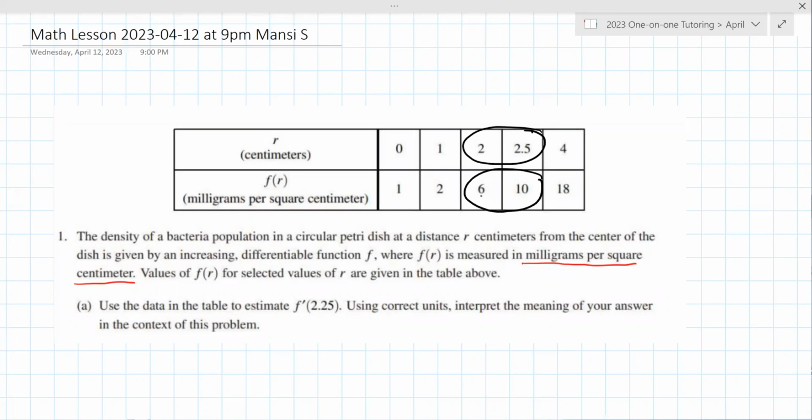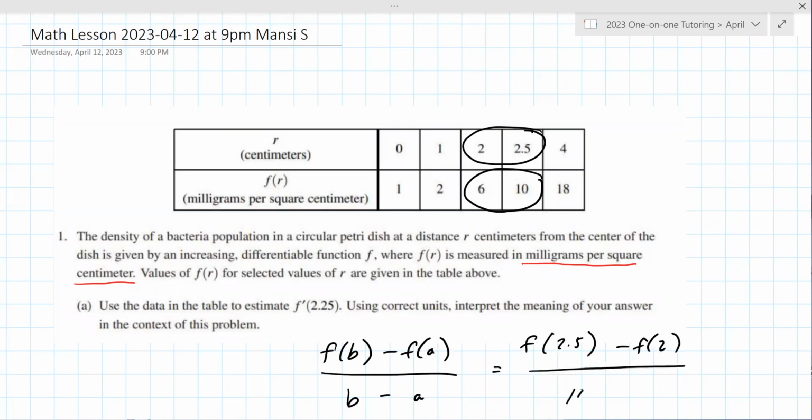So this is f of b minus f of a over b minus a. I'm sorry, this is completely wrong down here.